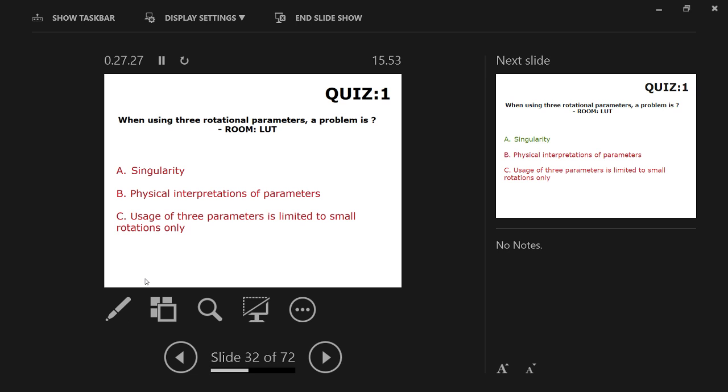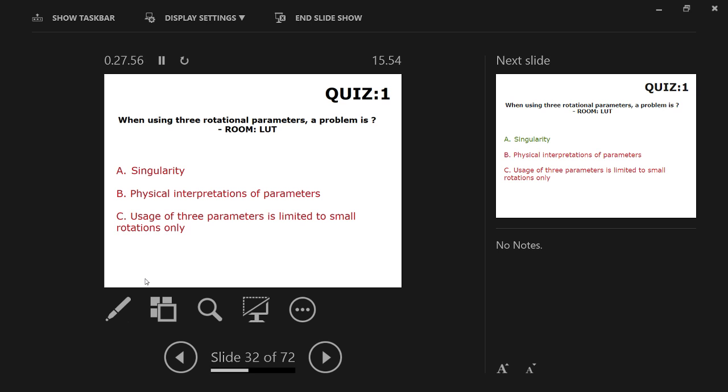And here, let me put it on. Okay, so please log into Socrative. The room number is LUT. You guys know how to use it. So just install Socrative. Put your student ID number as your identity when you're logging in.